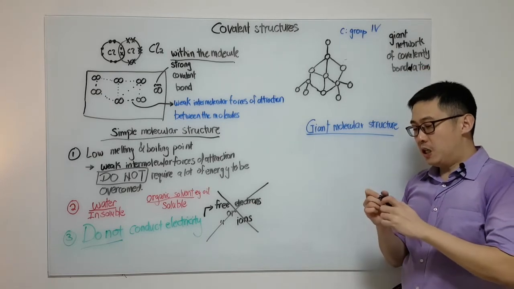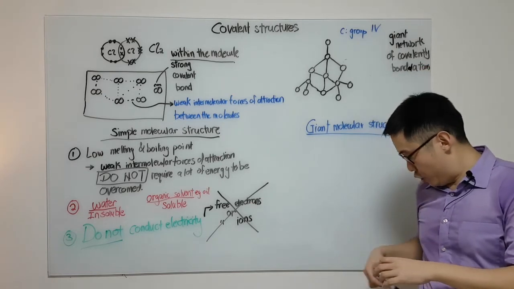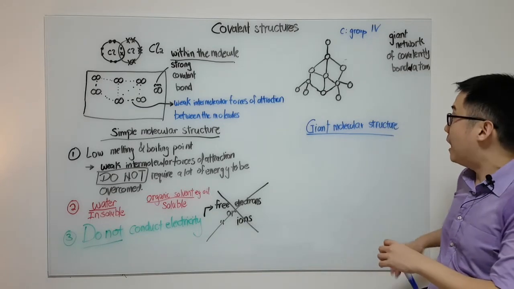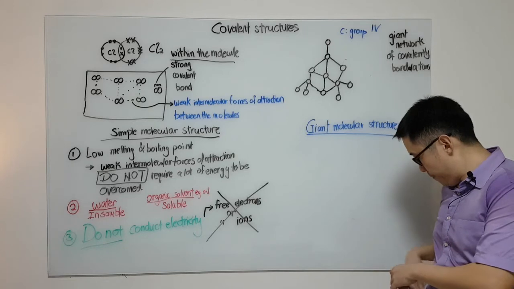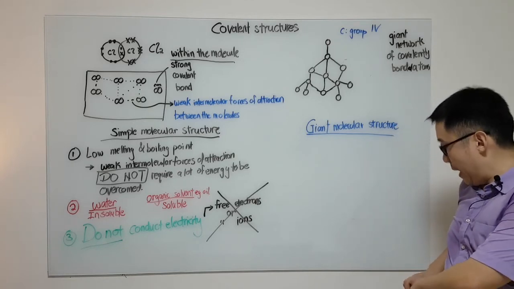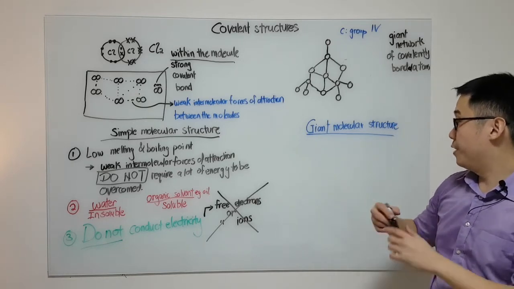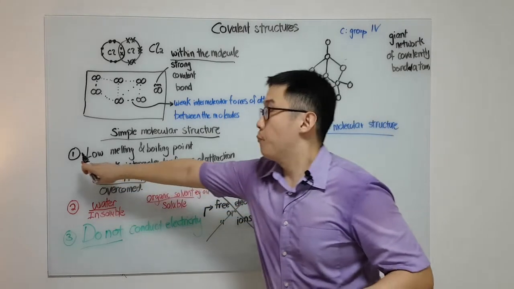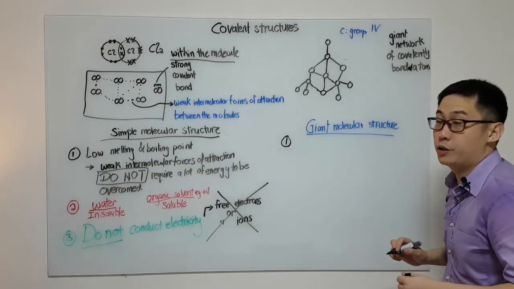So what does this mean in terms of the properties of a giant molecular structure? It simply means that when it comes to a giant molecular structure, I want you now to compare with me the first point over here. Now, let's compare point 1 with point 1 of a simple molecular structure.